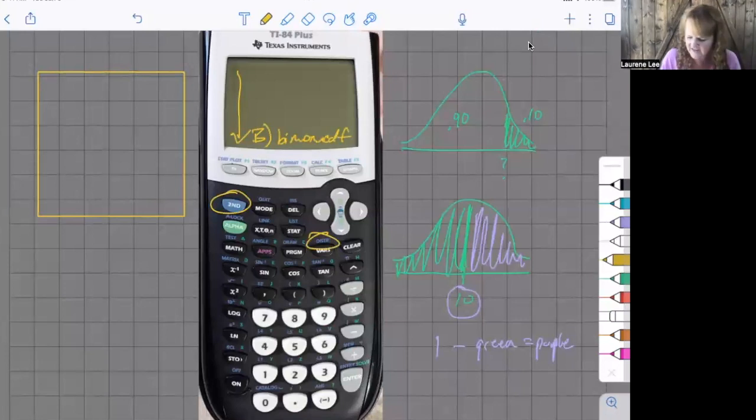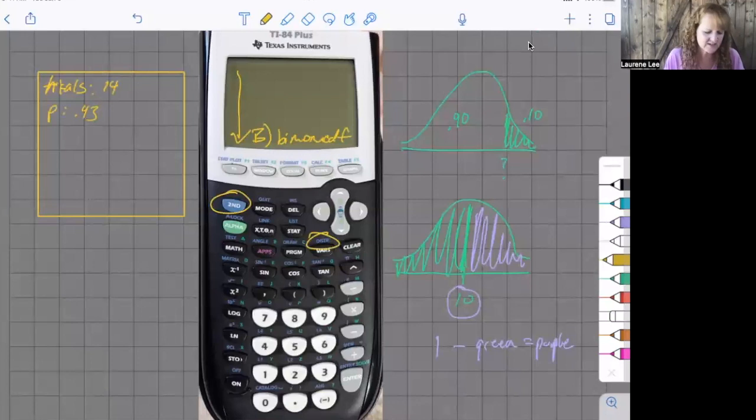It first asks for trials, so that's your n value. I think we're at 14. Yep. Then it asks you for your p value. Remember, this is always a decimal less than 1. So 0.43.